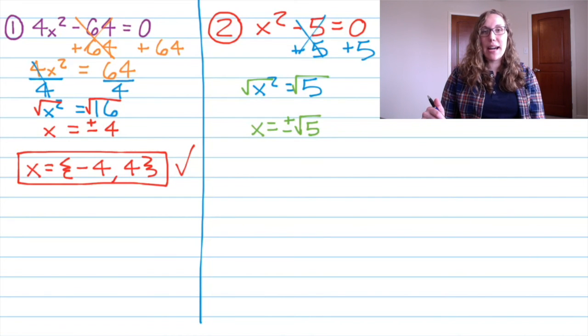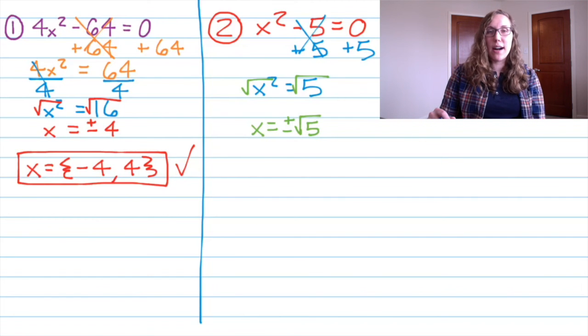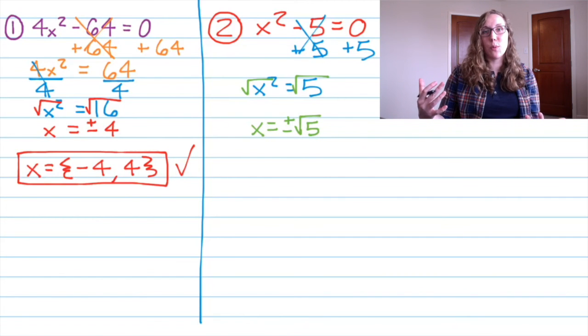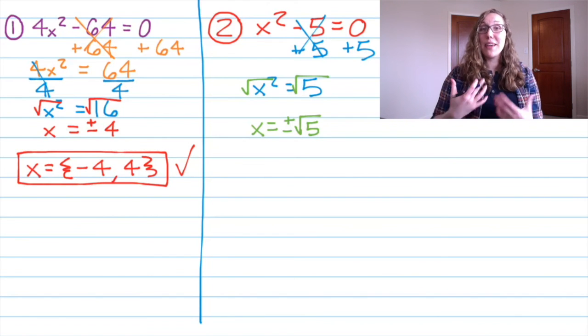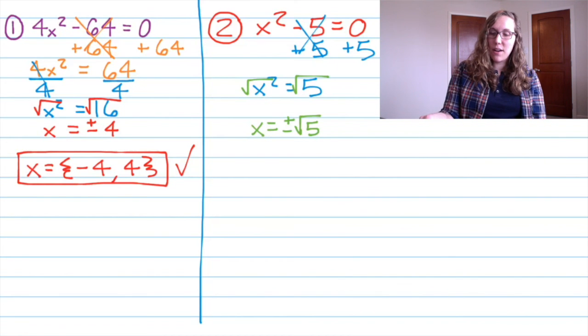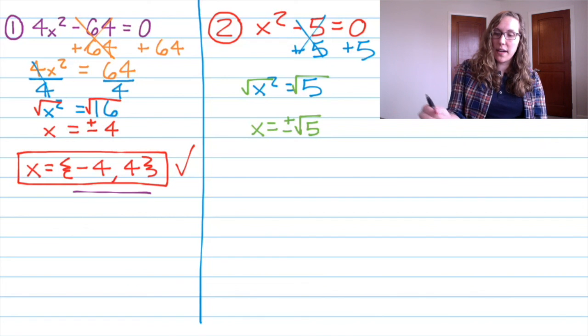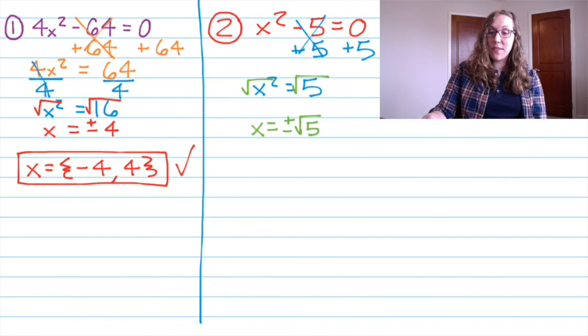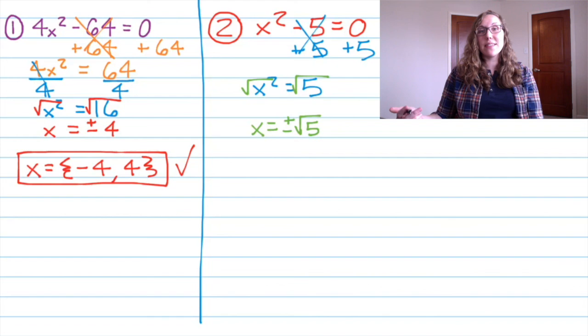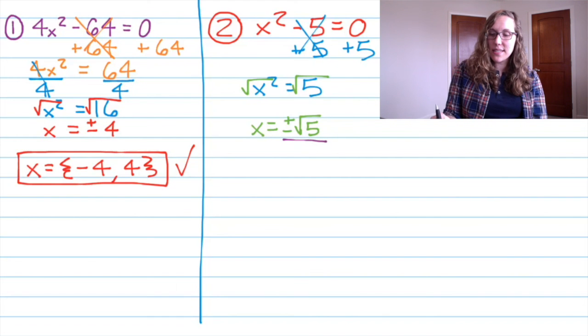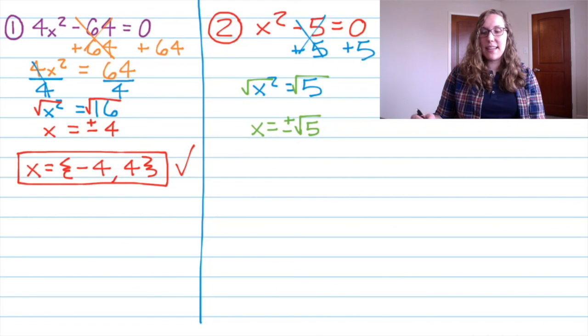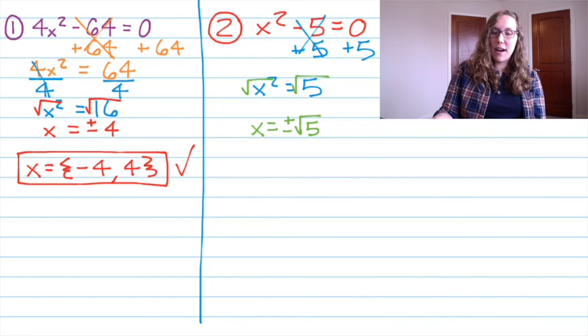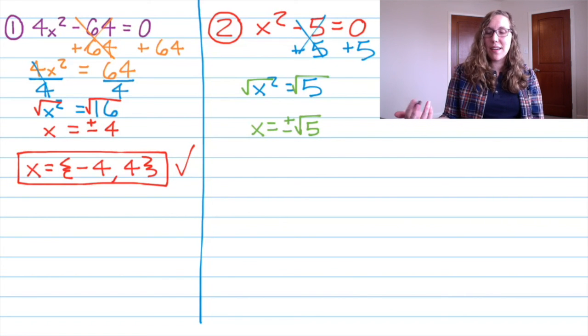And so we want to keep it inside of that square root. Unless it comes out to be a beautiful number, unless it's a perfect square, as we call it, like our 16 or 25 or 36, we do not want to take it out of our square root like this 4 ended up being. We want to leave it inside of our square root. It still comes out to be positive and negative, but we want to leave it inside. It looks much nicer that way, and it stays much neater in our answer.